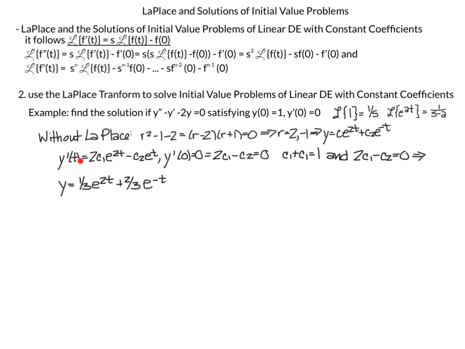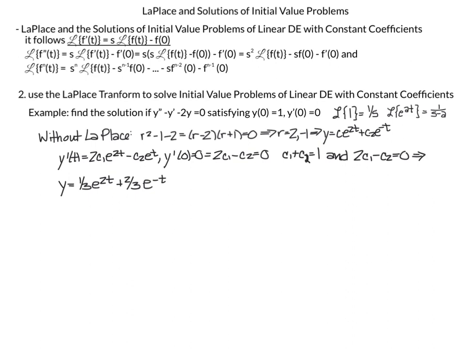We calculate y prime of t, that would give us 2c1 e to the 2t minus c2 e to the minus t, and we use our initial condition setting that equal to 0. That tells us that 2c1 minus c2 equals 0. Also, the initial condition y of 0 equals 1, plugging in 0 here, tells us that c1 plus c2 is equal to 1.